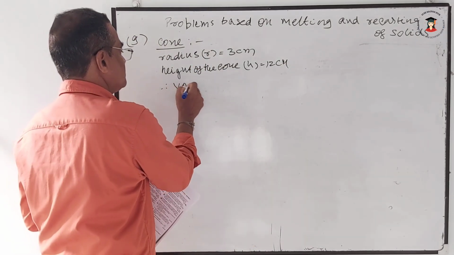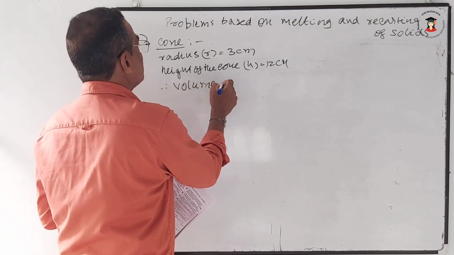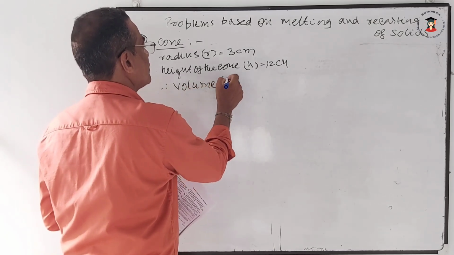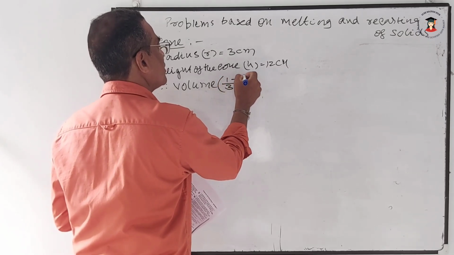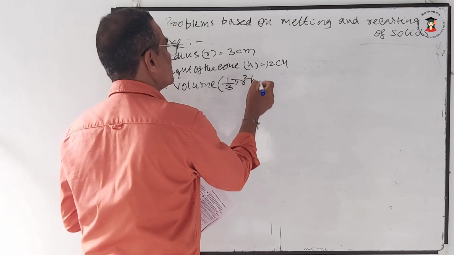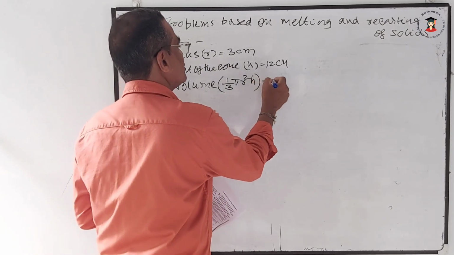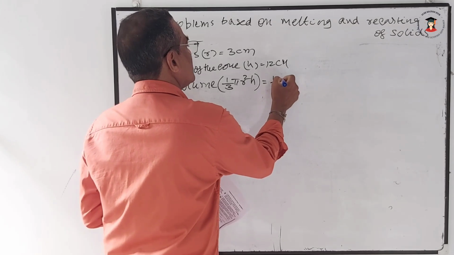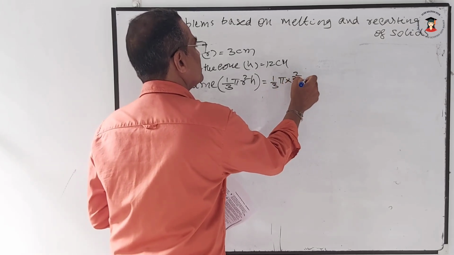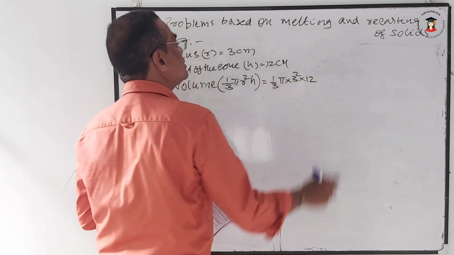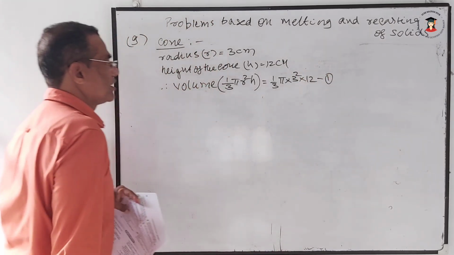Therefore, volume. Since it is a cone, it is 1/3 of the volume of a corresponding cylinder. 1/3 pi r square h. That is equal to 1/3 pi into r square, which is 3 square, into h, which is 12. So this is, we will put it as equation 1.